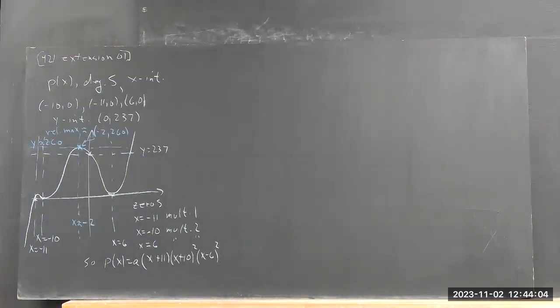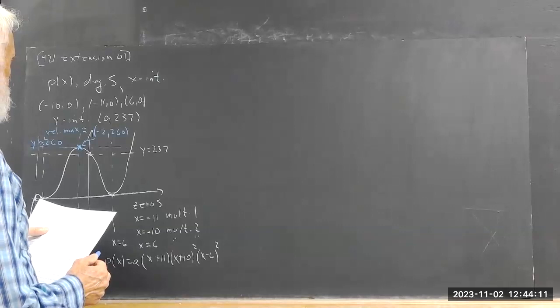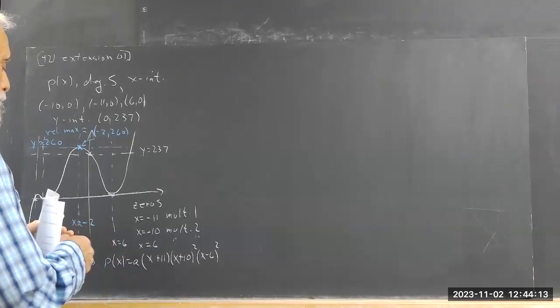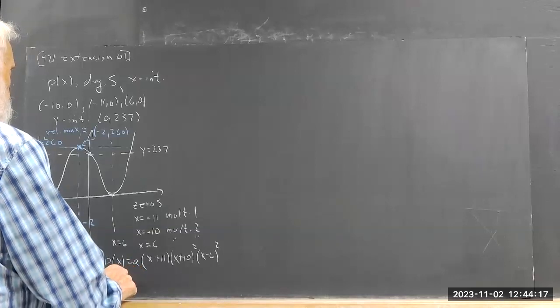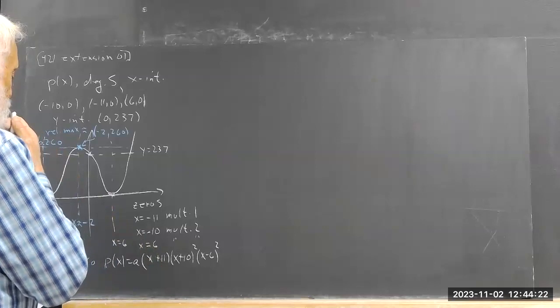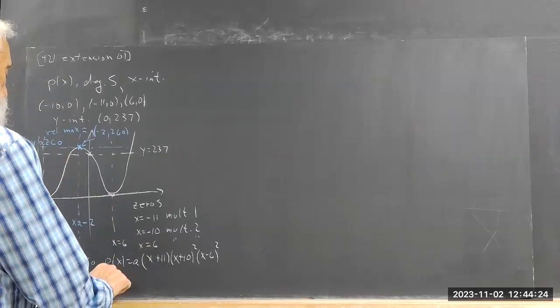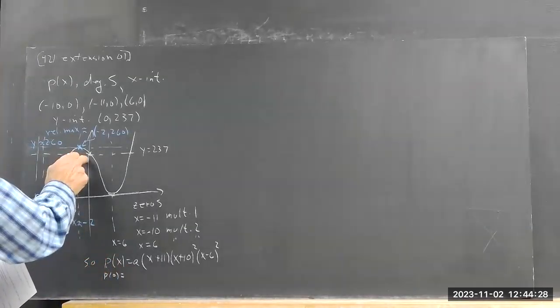Now, for the first time, we use our function. We haven't quite found the formula for P of x. If x equals 0, that's the y-intercept.